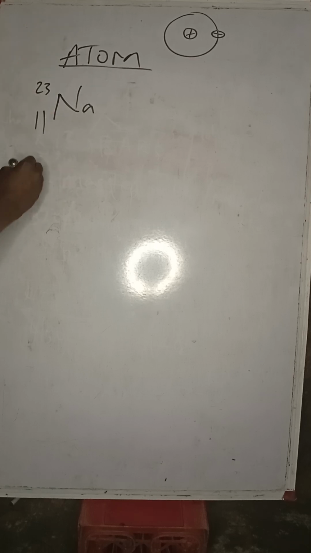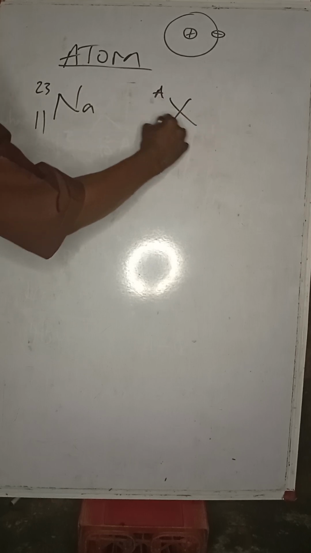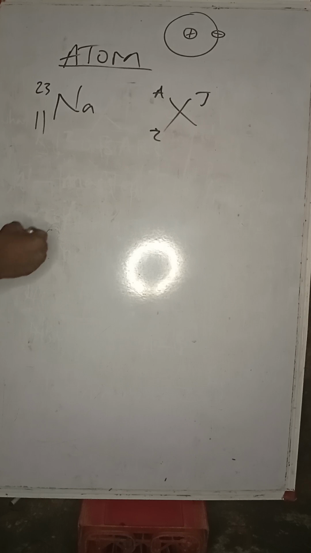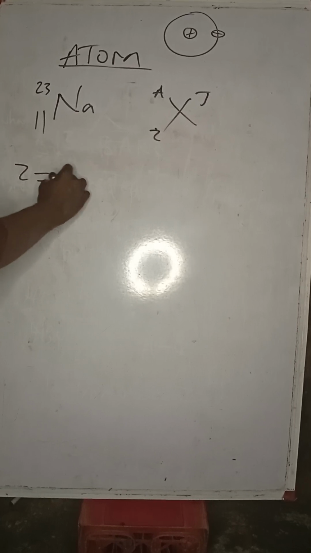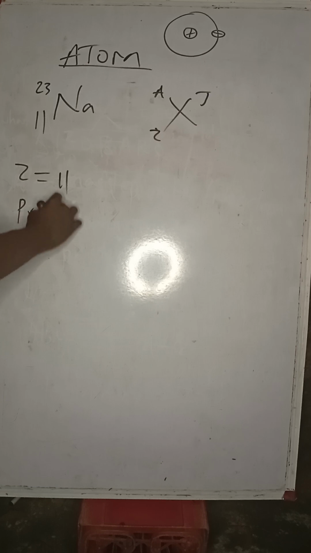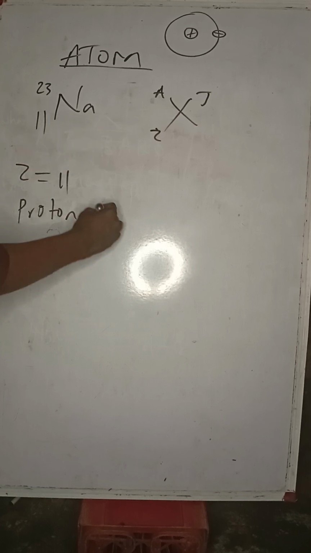So remember, X, A, Z, J. Z, which is proton number, is 11. So there are 11 protons in this sodium atom.